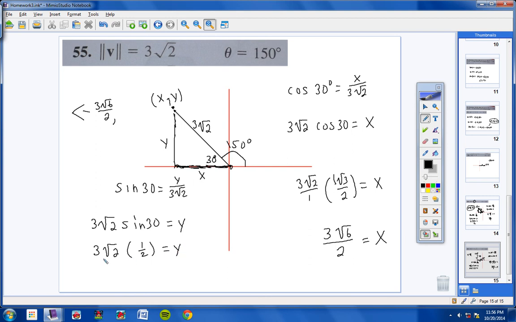You can really put this over 1. So we would get 3 square root of 2 over 2. And that's positive because we're going from here up to this point here. So there is your component form. Really not too difficult. Let me check the answer real quick and make sure it's correct. And yes, that is correct.